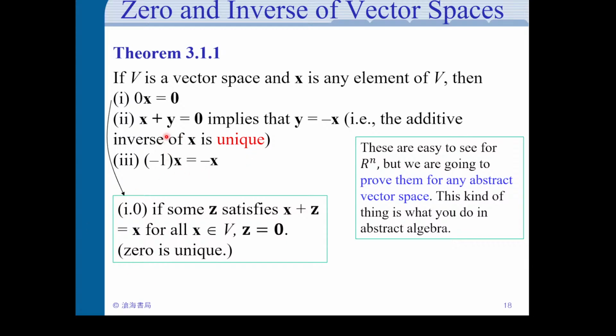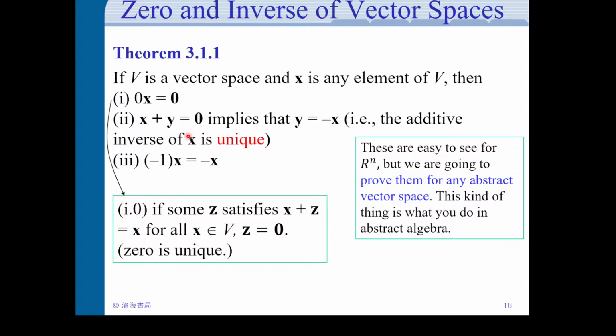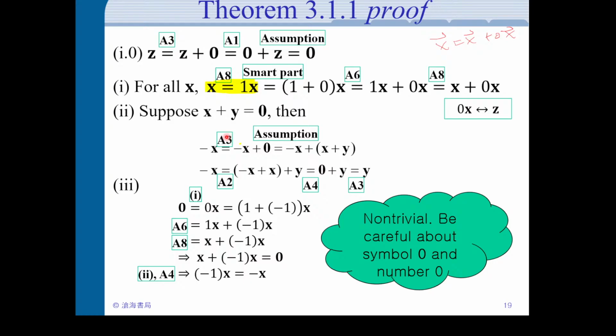First, we prove that the inverse is unique, just like before. We have every vector x, and we know there is an inverse minus x. Let's assume there is some y that's also an inverse of x, so x plus y equals 0.